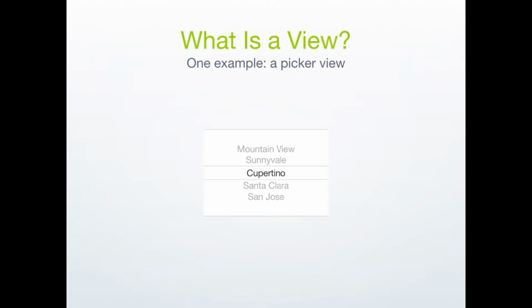We've been working with views when we're creating our apps. But picker views need a little bit more information in order to get them to do their job. For example, a picker view has to know how many rows it should display and what format those items should look like, and then what to do when you click on an item. So we have to find some way to get all that information to the picker view.